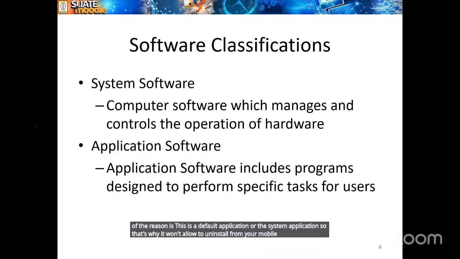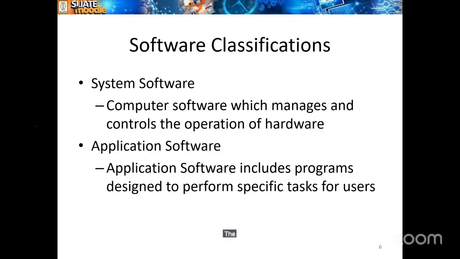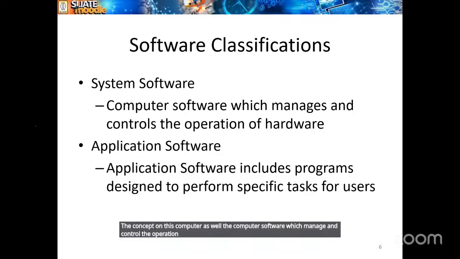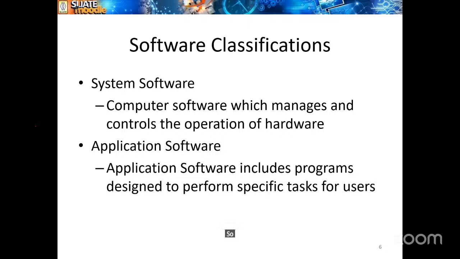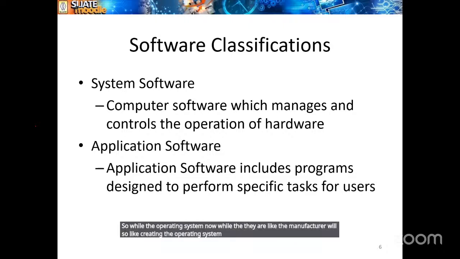The same concept applies to the computer as well. The computer software which manages and controls the operation of the hardware. While the manufacturer is creating the operating system, they give some embedded instructions in the operating system, which help to operate the hardware.